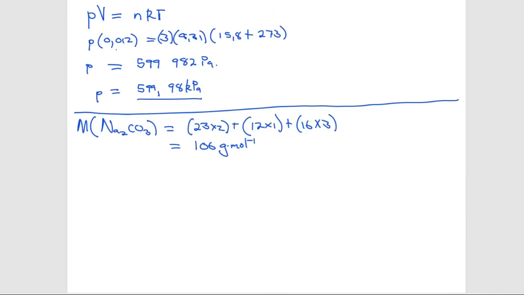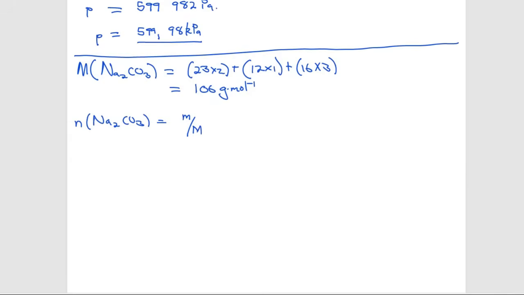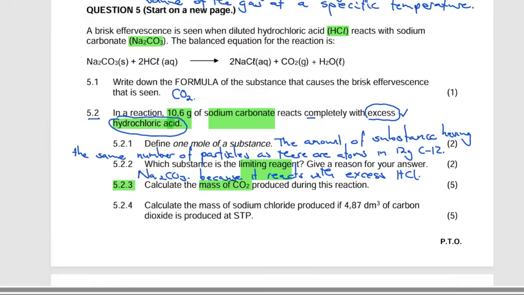Proceeding to the next part, now we're supposed to calculate the number of moles of sodium carbonate. The formula for the number of moles is m over M, the mass over the molar mass. According to this, we're given the mass of this sodium carbonate, which is 10,6.